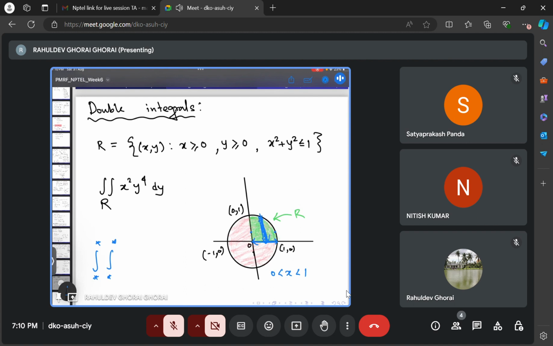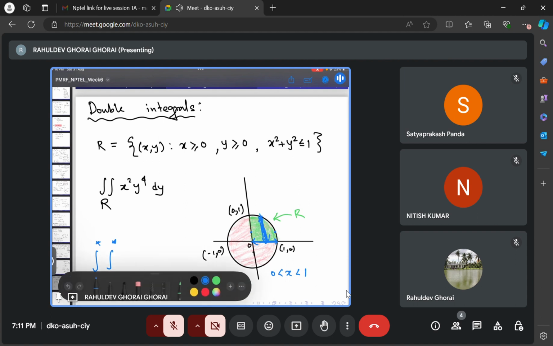On this line y is equal to 0, so y will start from 0. First you fix x, varying from 0 to 1, and then y will be only this portion, from here to here.